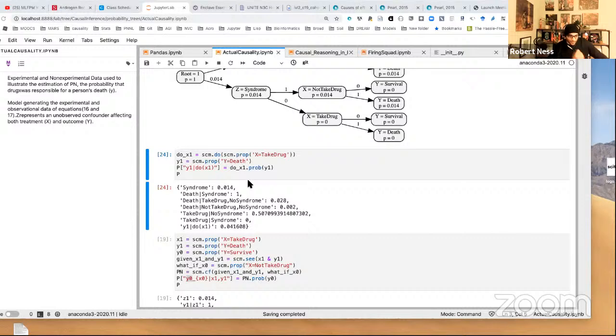In a legal setting, probability of necessity is interesting because it's a formal definition of what lawyers call but-for causality. But in a mathematical setting, we're interested in whether we can define interesting counterfactual queries like probability of necessity, and what properties of the data generating process would allow us to identify those queries from observational and interventional data.